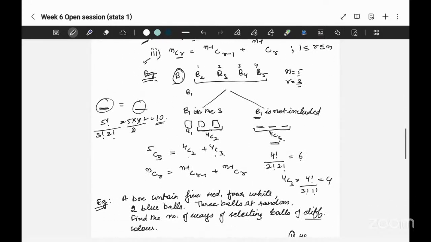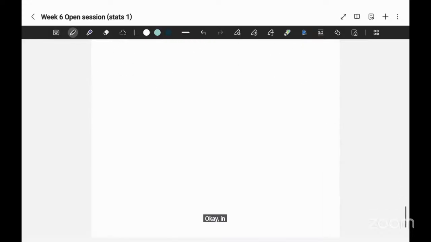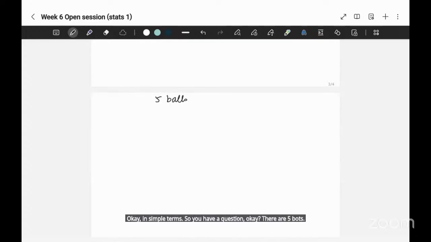So this is the thing. In simple terms, you have a question. There are 5 balls, and from these 5 balls you have to select, let's suppose, 3 balls, correct?